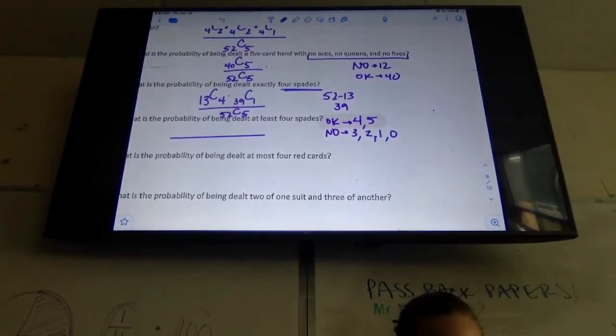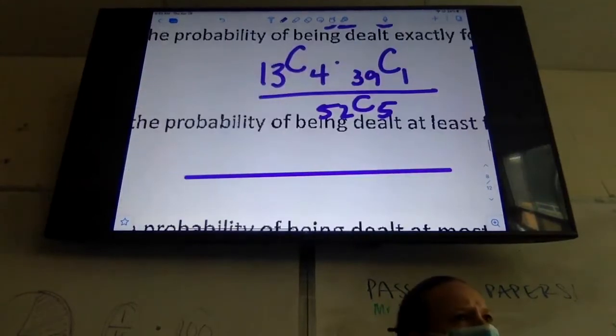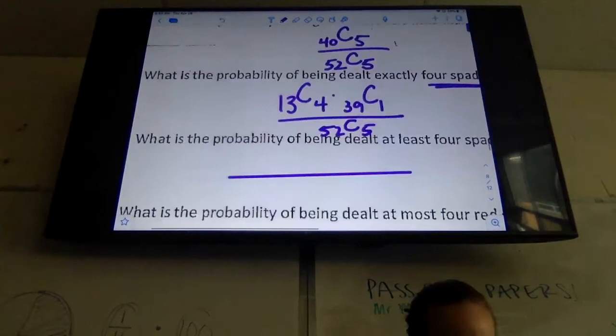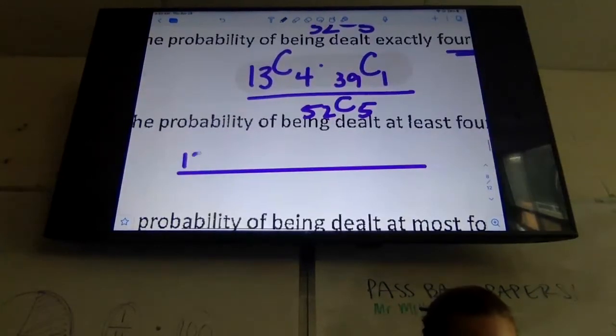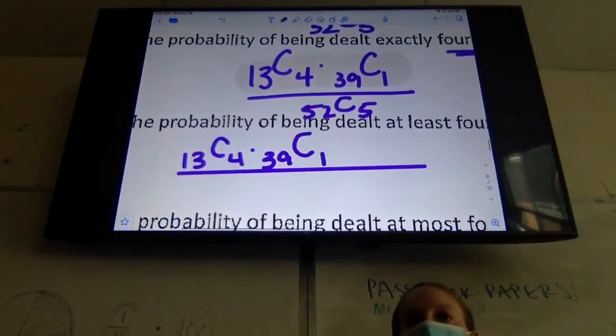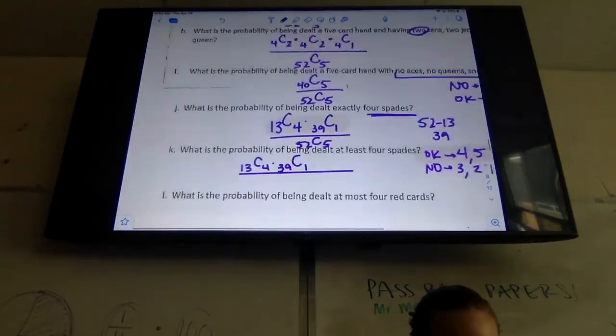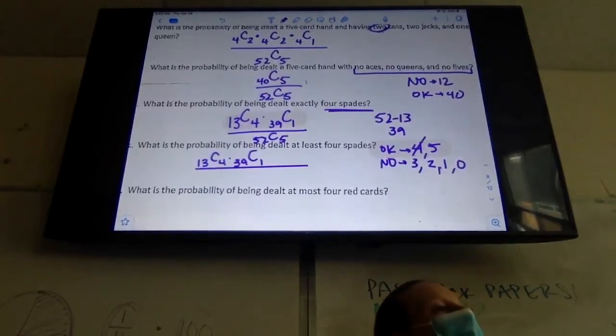Let's do the probability of getting 4 spades. Didn't we just do that a second ago? The one above said the probability of being dealt exactly 4 spades. So if 4 spades is okay, then it can be 13 choose 4 times 39 choose 1. Okay, so that handles my 4 is okay.